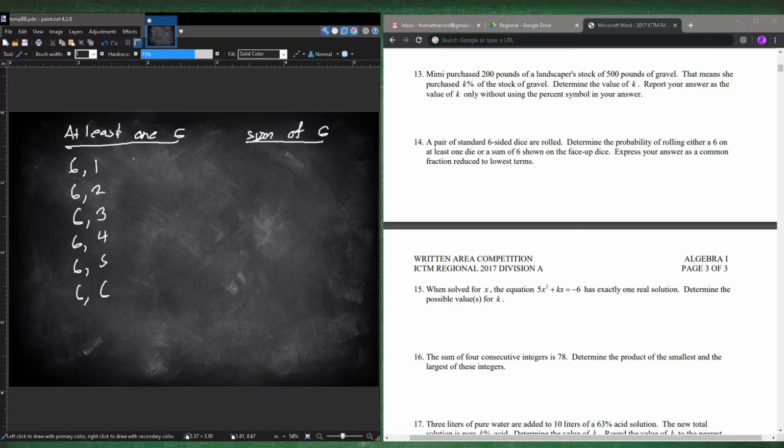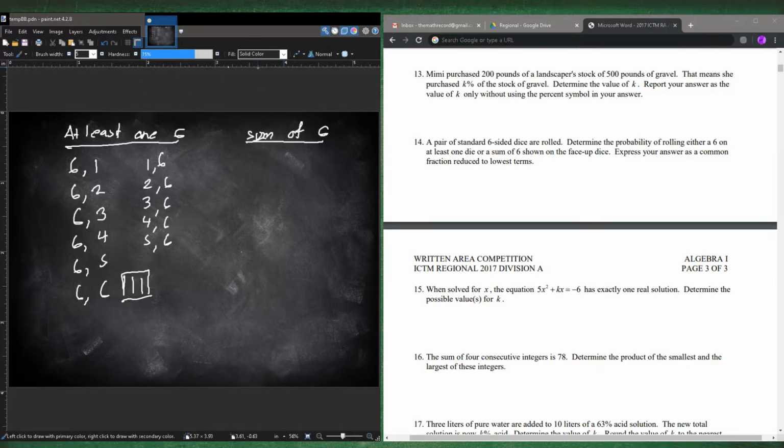So if we get a 6 on the first die, on the second die we could get a 1, a 2, a 3, a 4, a 5, or a 6. And if we get a 6 on the second die, we get a 1, a 2, a 3, a 4, and a 5. We're not going to write another 6, 6 because that's the same thing as this, right? So how many combinations do we have? 1, 2, 3, 4, 5, 6, 7, 8, 9, 10, 11. So we have 11 combinations for when it's at least one 6.